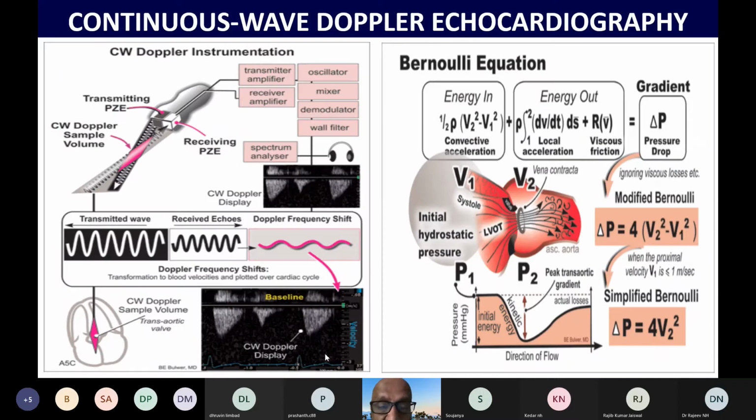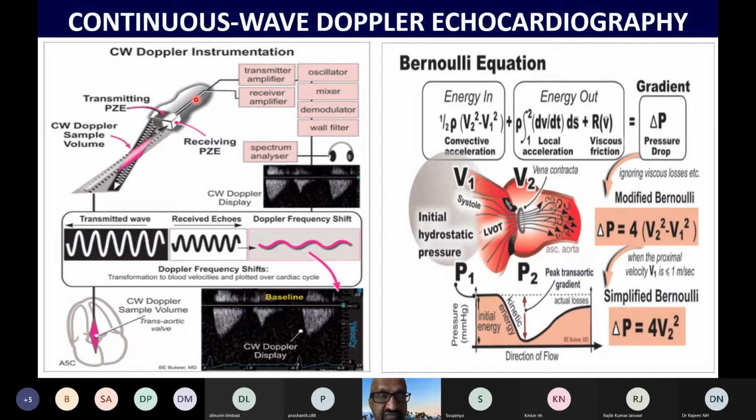Coming to continuous wave Doppler, now we'll go into the 4 different types. First one is the continuous wave Doppler. In the continuous wave Doppler, there are 2 transducers, two piezoelectric crystals. One is continuously emitting the ultrasound waves, one is continuously receiving the ultrasound waves.